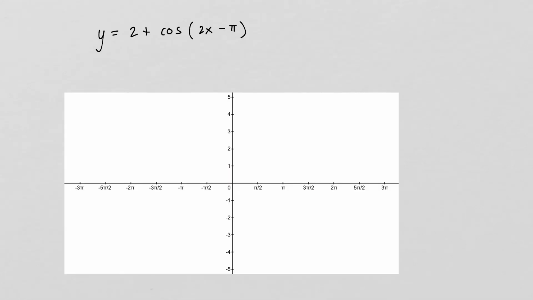So let's suppose I wanted to graph y equals 2 plus cosine of 2x minus pi. So I'm going to start by doing the same stuff I always do, which is I notice that the amplitude here is 1, right? So we have to look at the number in front of cosine. And then we know that our first cycle is going to occur when 2x minus pi is between 0 and 2 pi.